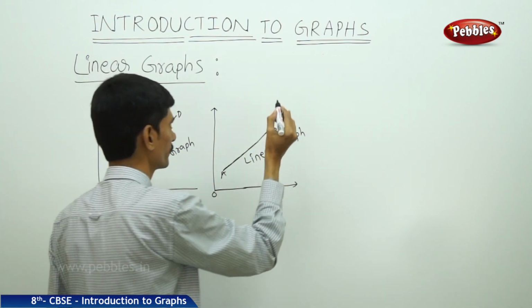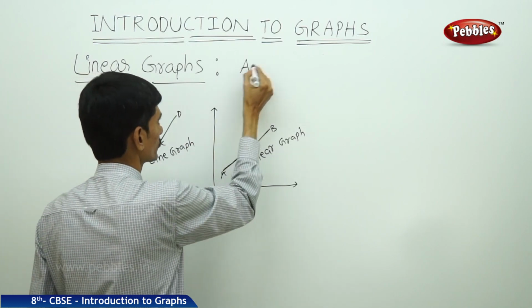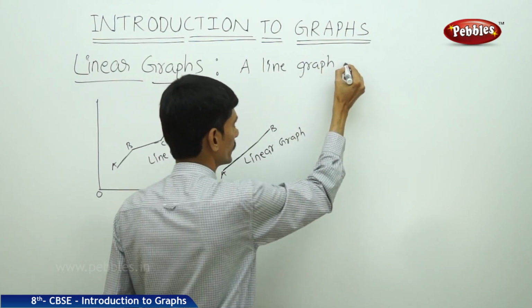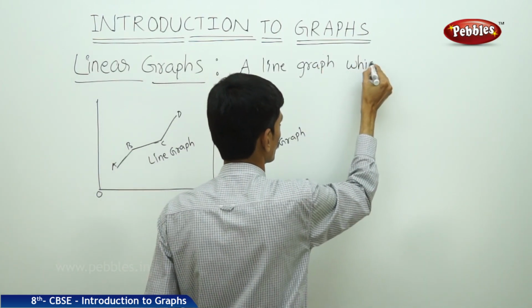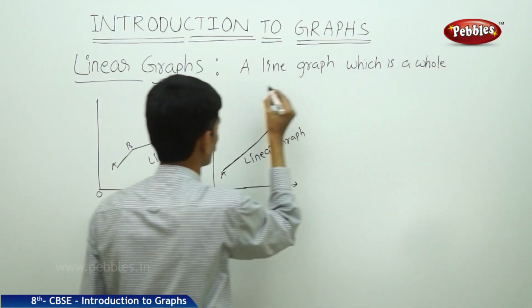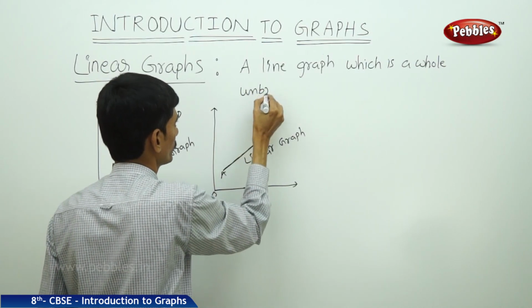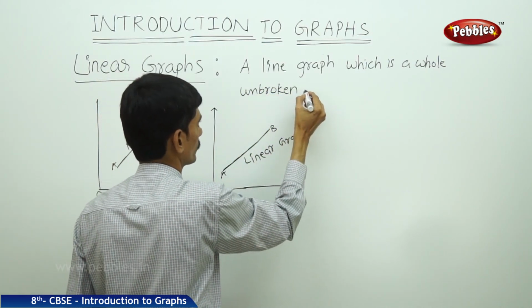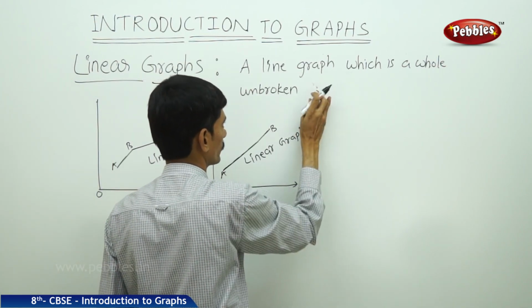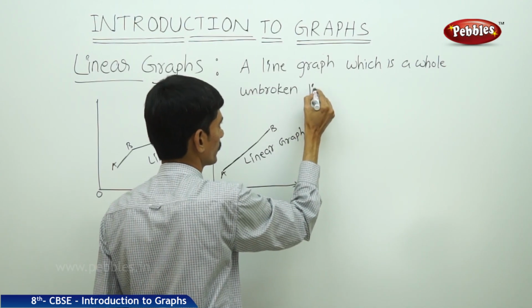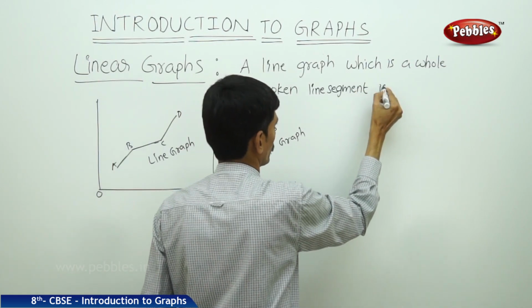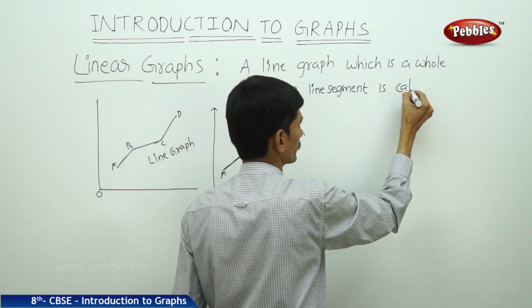Now let us write the definition of a linear graph. A line graph which is a whole unbroken line segment is called a linear graph.